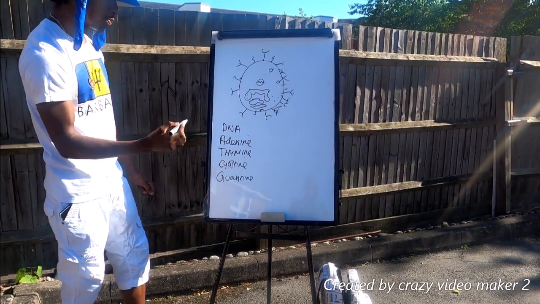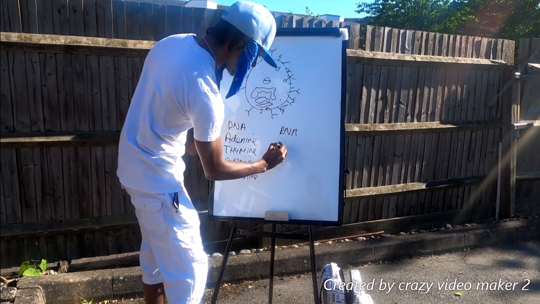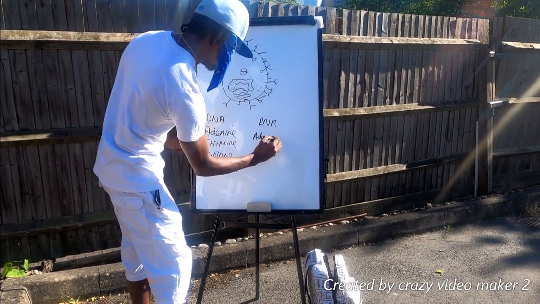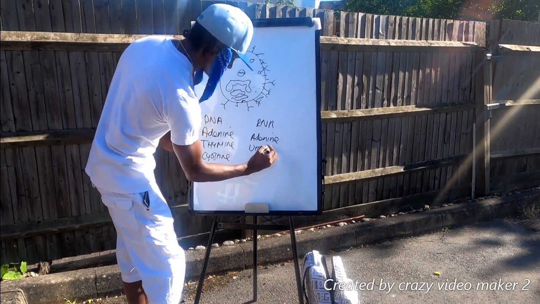That's the nitrogen bases of DNA. On RNA, it's basically the same, but instead of thymine, you have uracil, yeah?